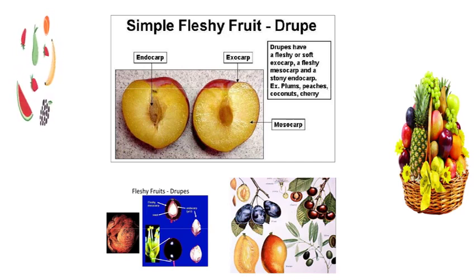Here you see in this figure, this mesocarp produces the edible part of the fruit, and here the endocarp in the center produces a stony, hard shell.